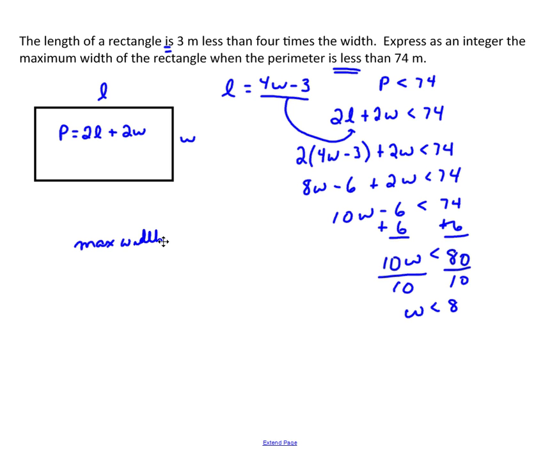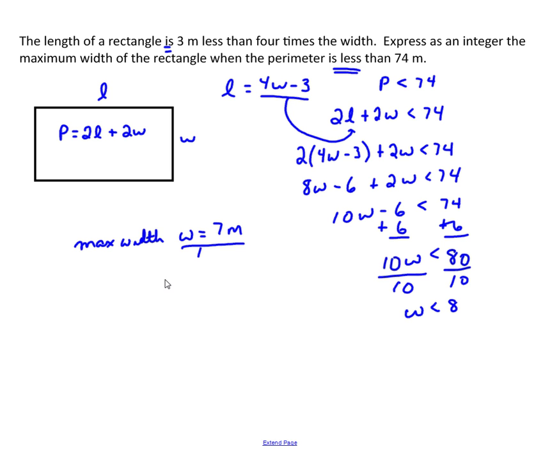Well, the maximum width of this rectangle, then, what should we say about it? Is it 8? Well, not exactly, right? Because the width must be less than 8. So if we want to express as an integer the maximum width, we could say W equals 7 meters. Right? That is going to be our maximum width right here if it meets two conditions, right?